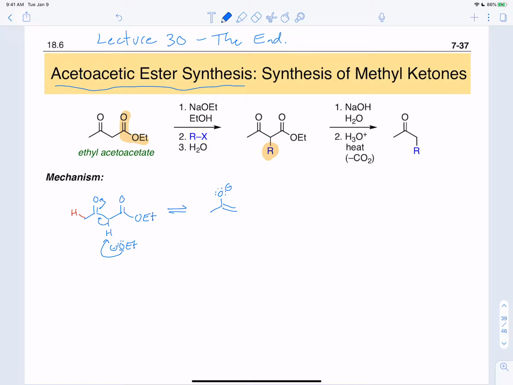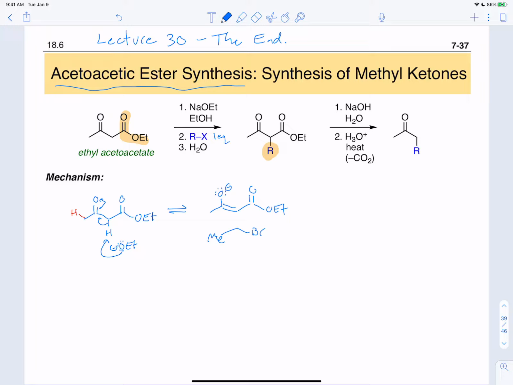So these enolates, even though they are quite a bit more stable than your average enolate, and they don't react with things like esters, they are able to react with things like alkyl halides. So for this example, I'll draw an actual molecule. Let's say we're using ethyl bromide, and we can add this in, and we can control this with stoichiometry.